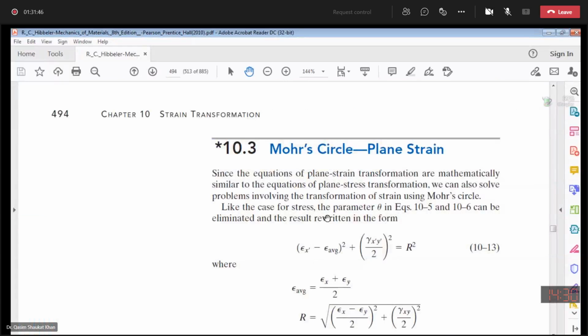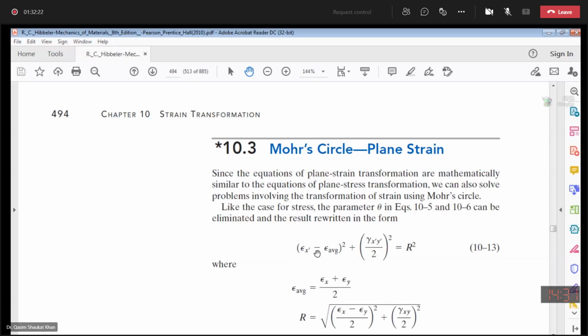Like the case for the stress, the parameter theta in equations 10.5 and 10.6 can be eliminated, and the result is rewritten in this form: (epsilon x' minus epsilon average) square plus (gamma x'y' over 2) square is equal to r square. Guys, you need to do the derivations. I am explaining to you, but you have to do the derivations. These derivations are part of your syllabus.